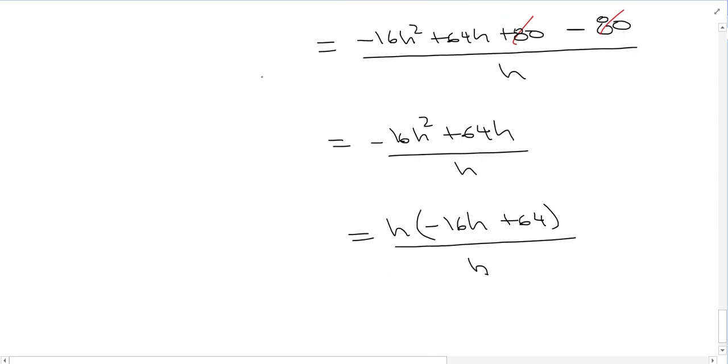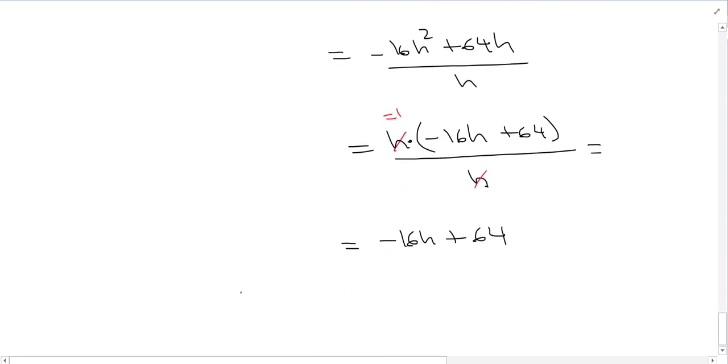Because I have multiplication here, I can cancel: h divided by h gives us 1. And so our final difference quotient answer will be just minus 16h plus 64. This becomes the average velocity on the interval from 1 to 1 plus h.